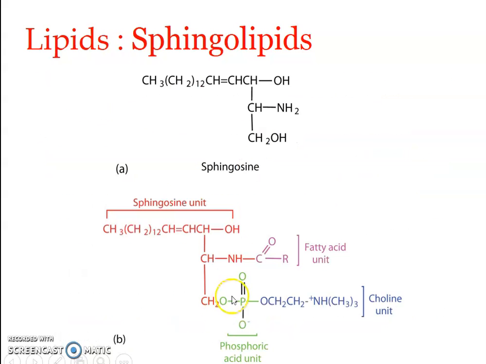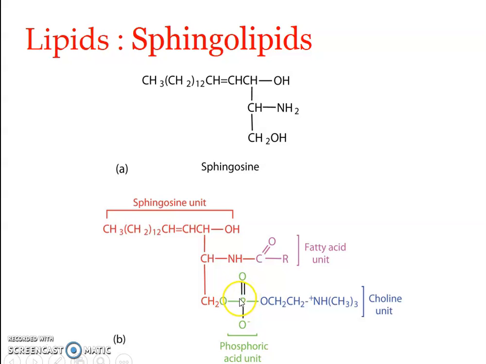Here it could be a carbohydrate moiety or it could be phosphoric acid. If it is phosphoric acid, it is a phosphodiester bond. If it is a carbohydrate moiety, it is a glycosidic bond, which we have already studied under carbohydrates. I hope it is clear. This is just one example, where phosphoric acid attached with choline forms the polar head region.